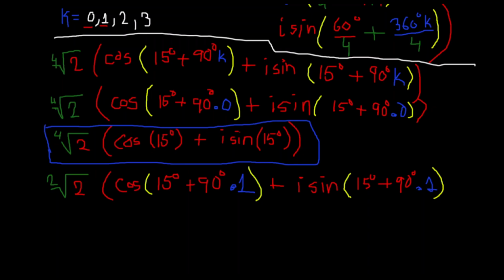So 90 times 1 is just 90, and 90 plus 15 is 105.